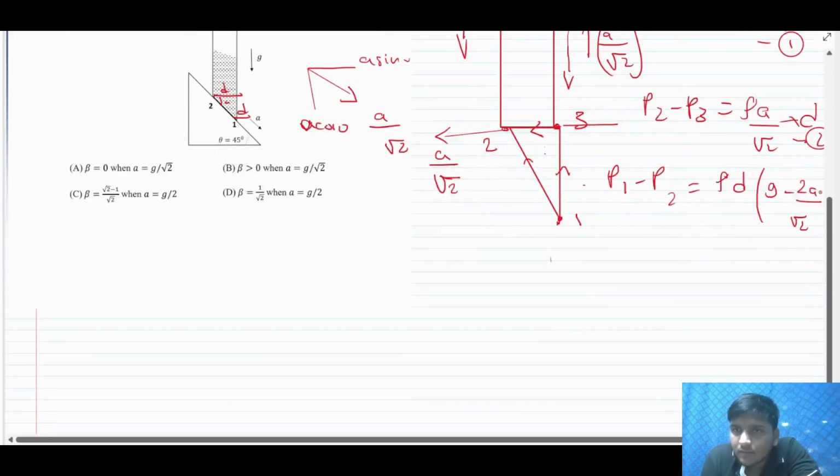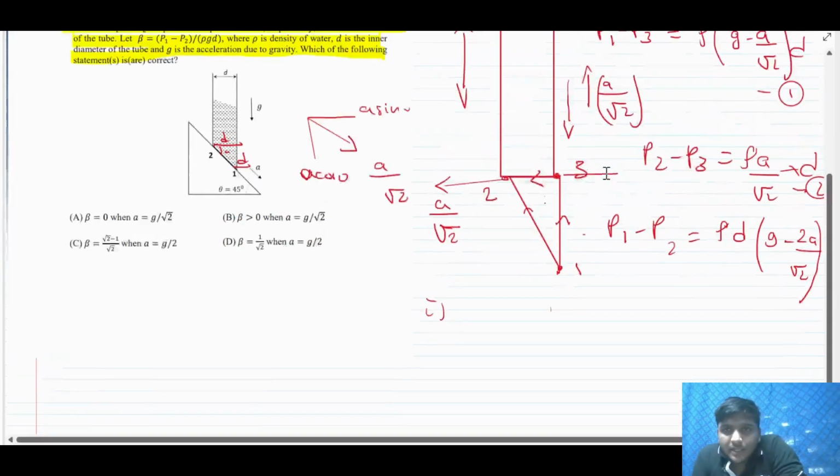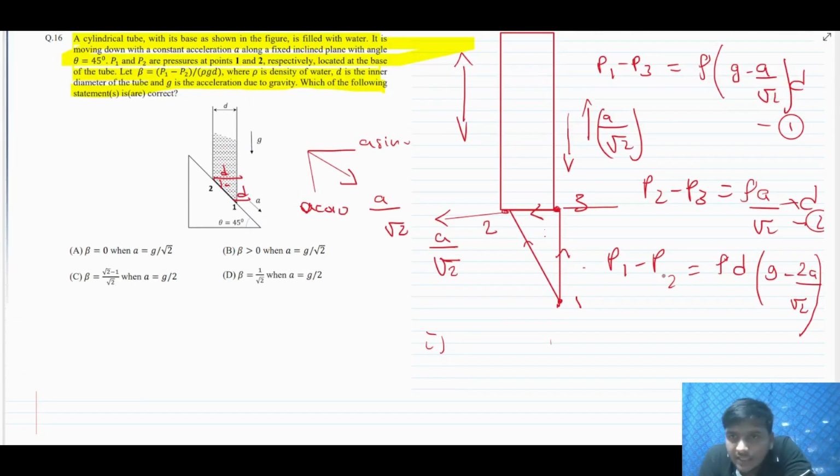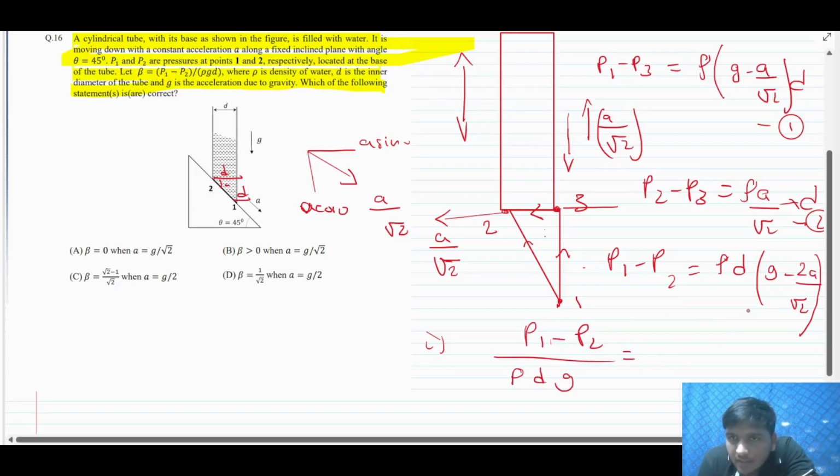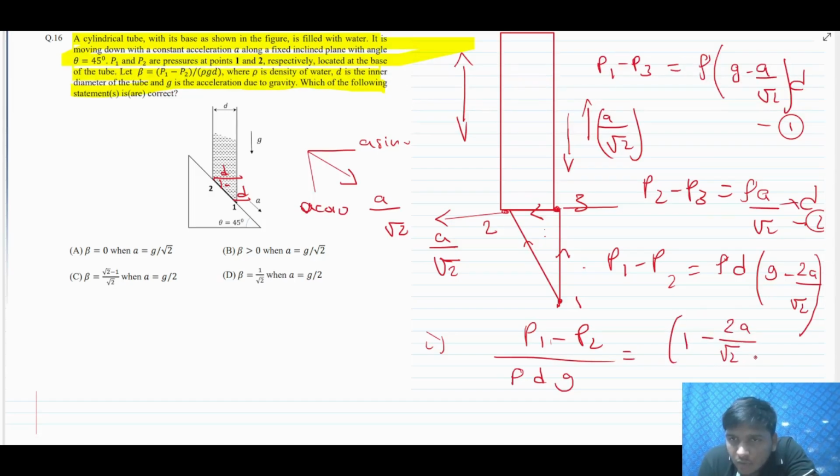So we have to calculate beta here. We need rho gd as a whole. So p1 minus p2 divided by rho d g will be equal to 1 minus 2a by root 2 g. Now we have to put in the conditions and check whether they are true or not.